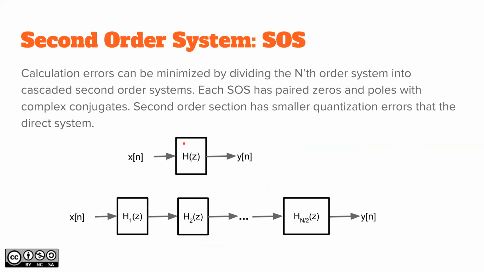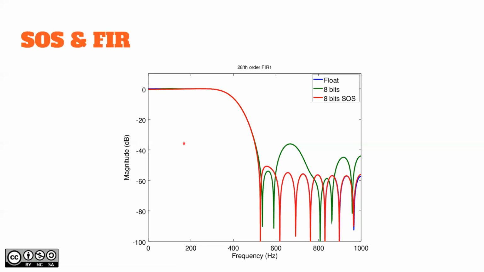How you are dealing with error in a second order system: you don't have that much error, since these coefficient values are basically about the same value. The order of magnitude is the same. So the relative error will be much, much smaller.